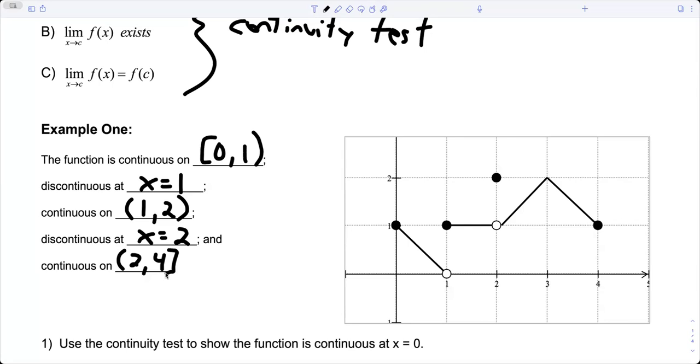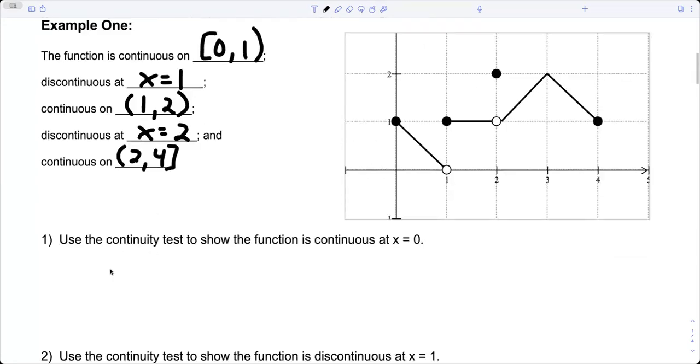So part 1 here says, use the continuity test to show the function is continuous at x is equal to 0. Okay, so we are going to work through the continuity test here. So part A would be, does f of 0 exist?